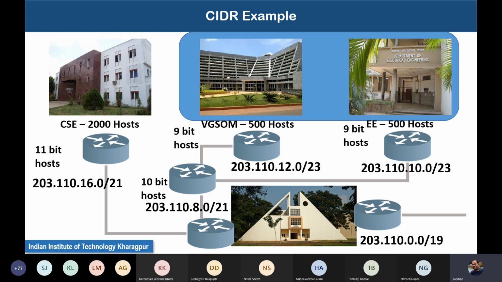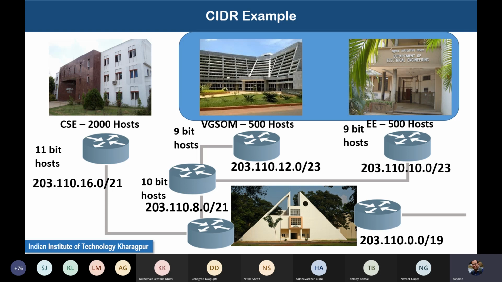So here from VGSOM, there would be one router which is connecting all the physical machines of VGSOM. There also, in a similar way, I will give one IP address from this block of IP addresses, say 203.110.12.1, 203.110.12.2, 12.3, 12.4 that way, and one IP will be given to this routing interface.